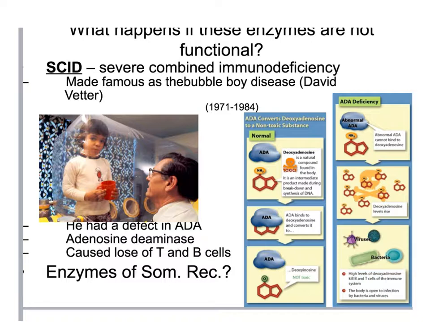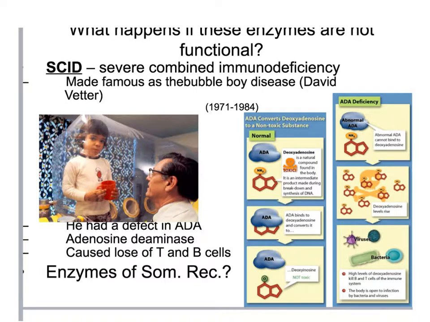This kid was born with a defect in adenosine deaminase, and the parents were convinced by the scientific community that they should keep their son in this bubble environment until they could make a therapy that would fix his problem. He had a genetic defect in this adenosine deaminase.